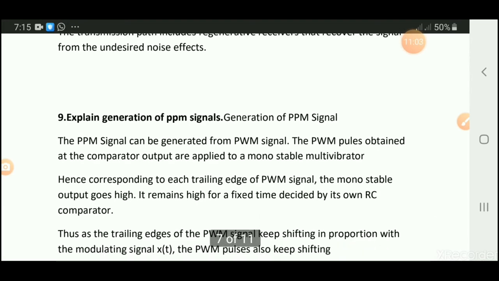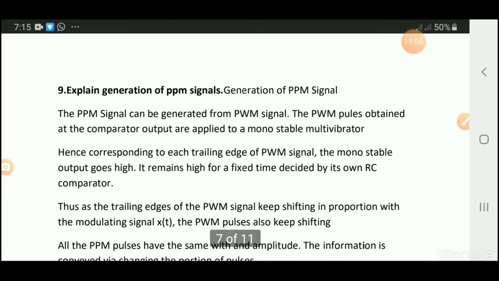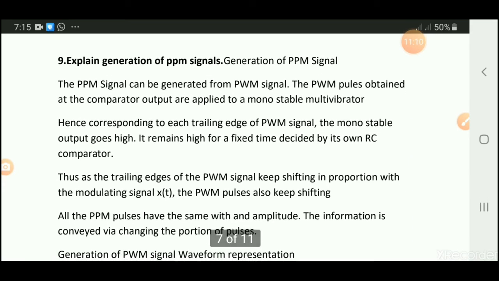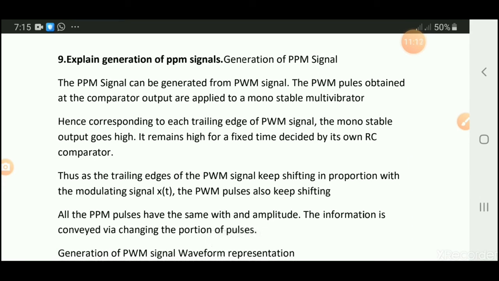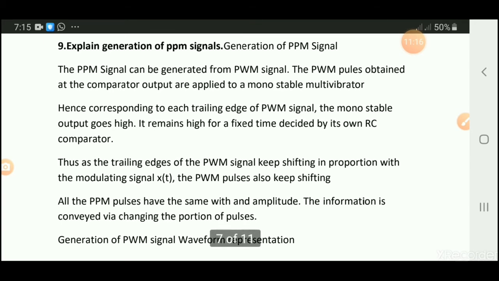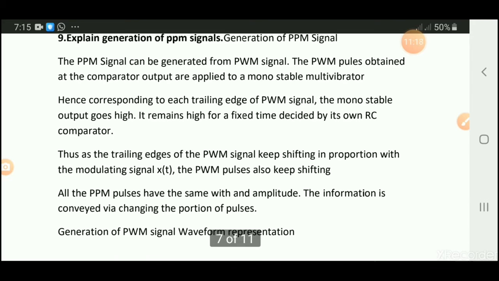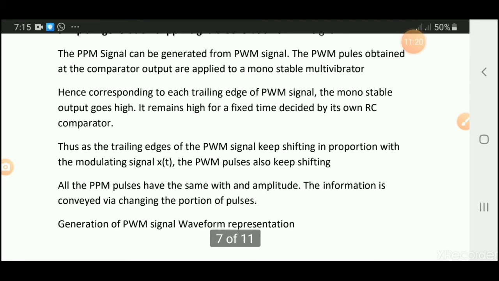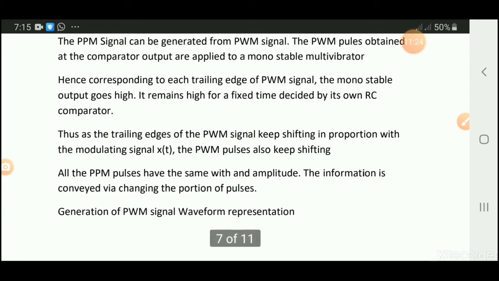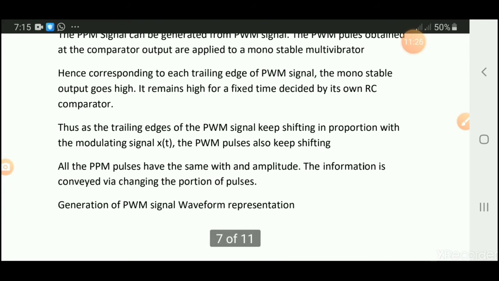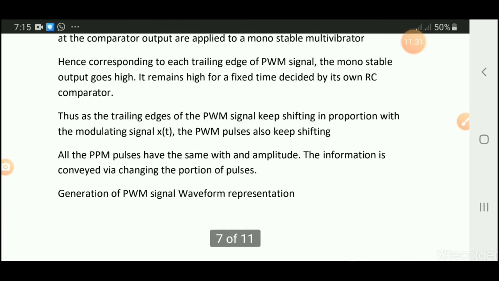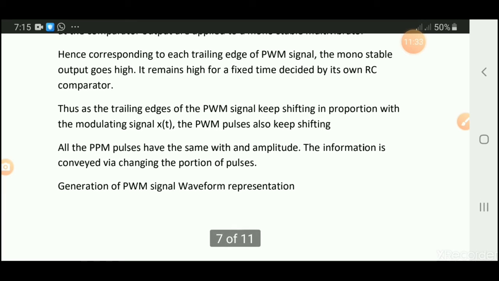Next question, ninth one. Explain generation of PPM signals. The PPM signal can be generated from the PWM signal. The PWM pulses obtained at the comparator output are applied to the monostable multivibrator. Corresponding to each trailing edge of the PWM signal, the monostable output goes high, and it remains high for a fixed time decided by its own RC components.